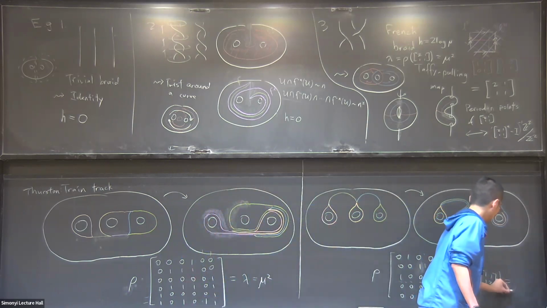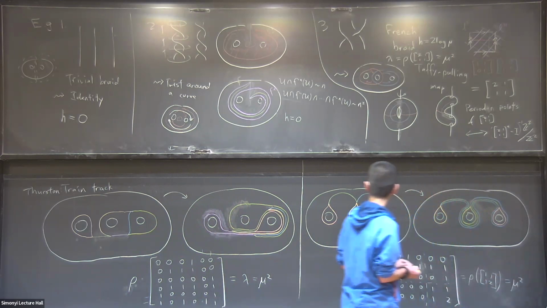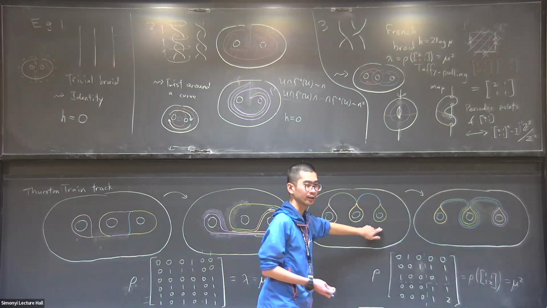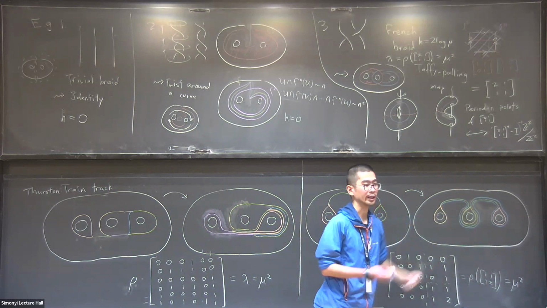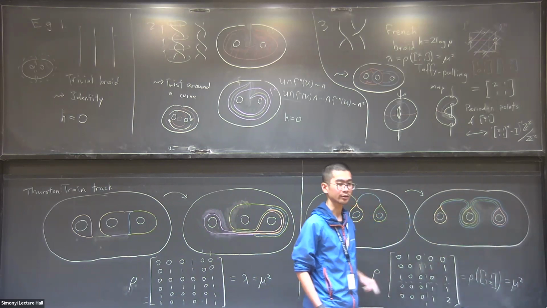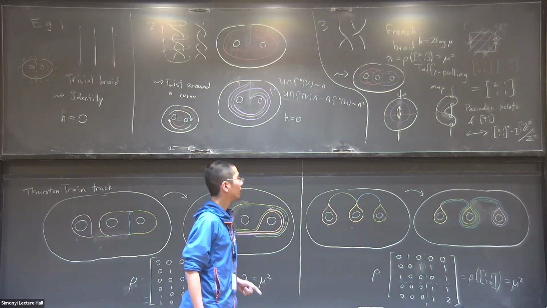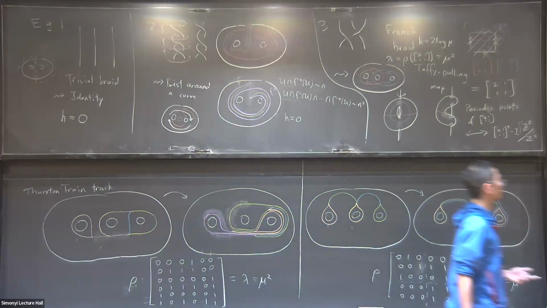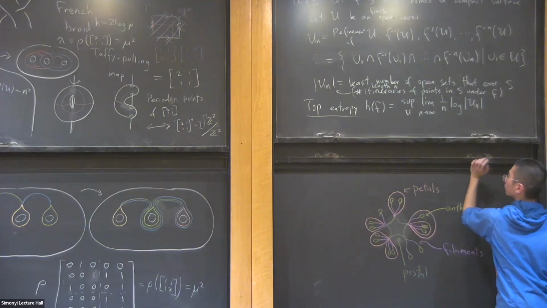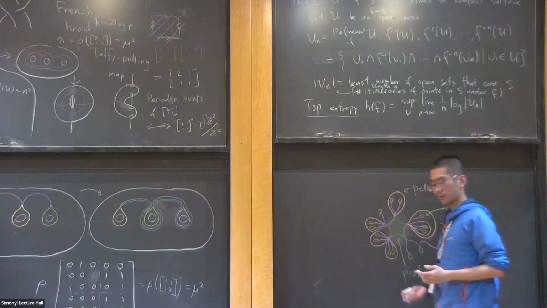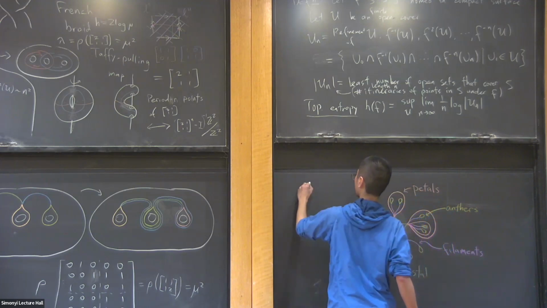And the thing that makes this work is the fact that I have these little balloons here that only go into one of the balloons. They get permuted, hence the permutation matrix. And so the key observation that Andrew and I made was that for braids in general, you can actually choose your train track to be something which we call a floral train track.